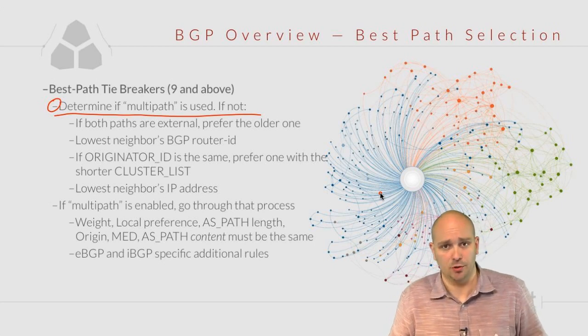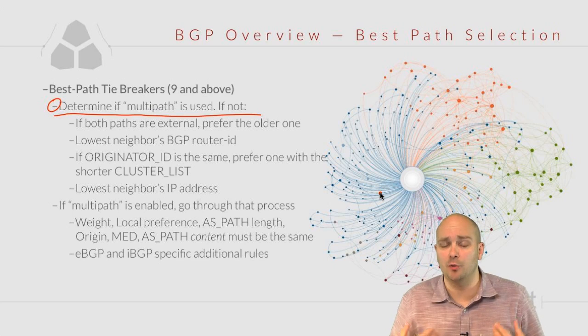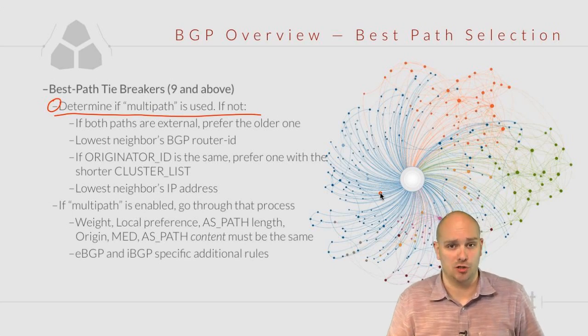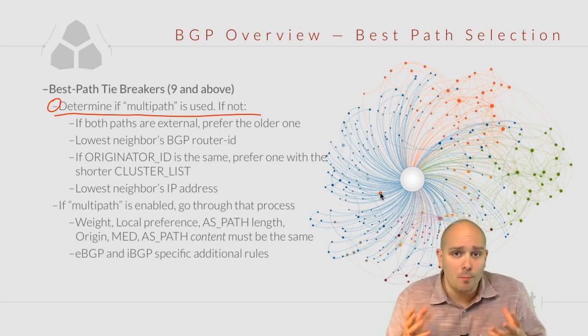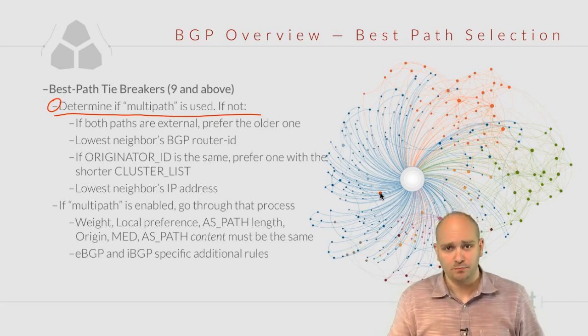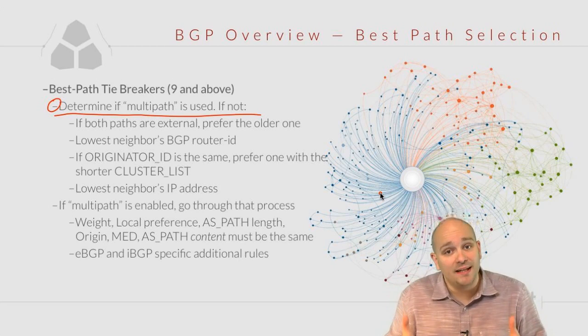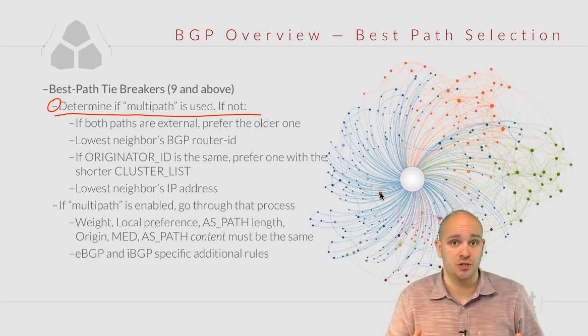Unlike other protocols which automatically support multipath and equal cost load sharing, BGP does not do that. BGP by default will always select the best route to reach a particular prefix.